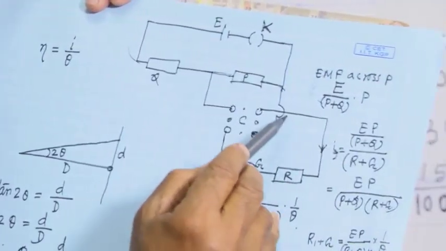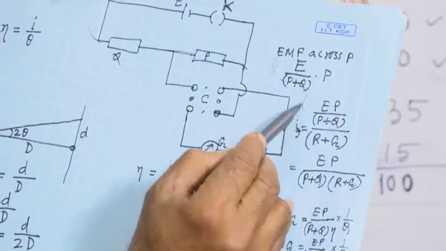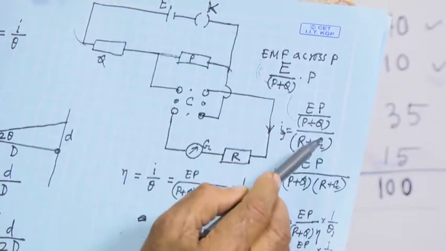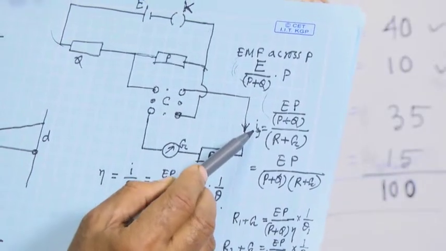So we have taken the total resistance in this circuit as R plus G, and the EMF divided by this resistance is the current IG.